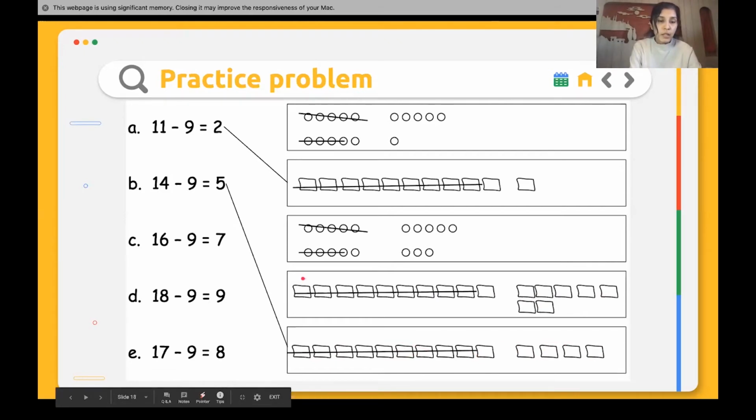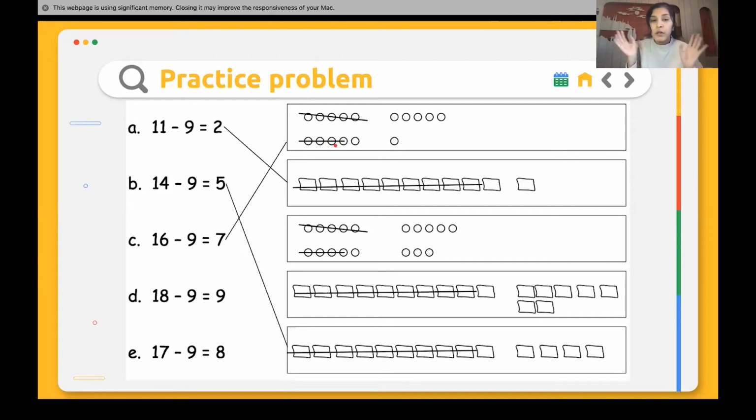Okay, now next one. It says 16 minus 9 equals 7. So we need the one that has 7. I remember this one because it has 5, 6, 7. So 16 minus 9 equals 7.